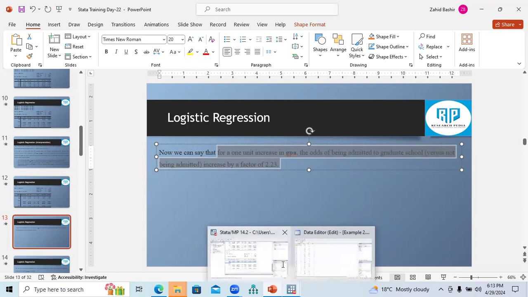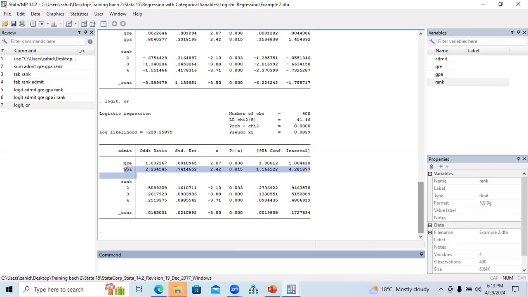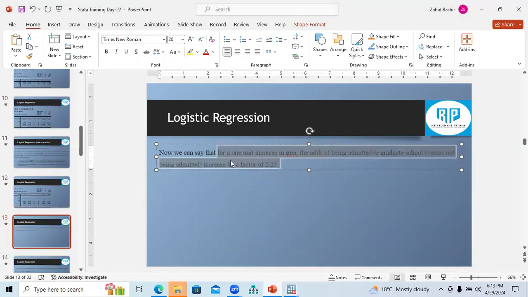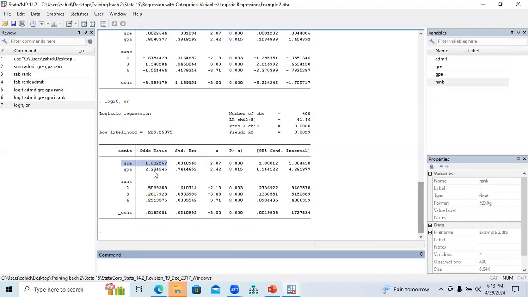So if I need to interpret the first one, with the GRE, the interpretation would be: for a 1 unit increase in GRE, the odds of being admitted to graduate school versus not being admitted increased by a factor of 1.002267. In the same way, you can interpret it with this odds ratio.